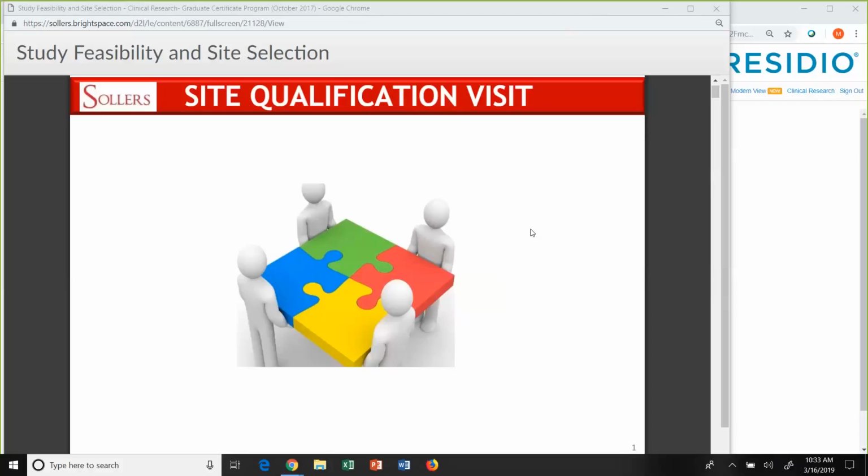And also, most recently, ICH E6 R2, Good Clinical Practice Revision number 2, has just come into force also. So everything is changing and harmonizing, and the whole industry is trying to get a grip on getting everybody to do the same thing the same way. Okay, so some things to keep in mind.